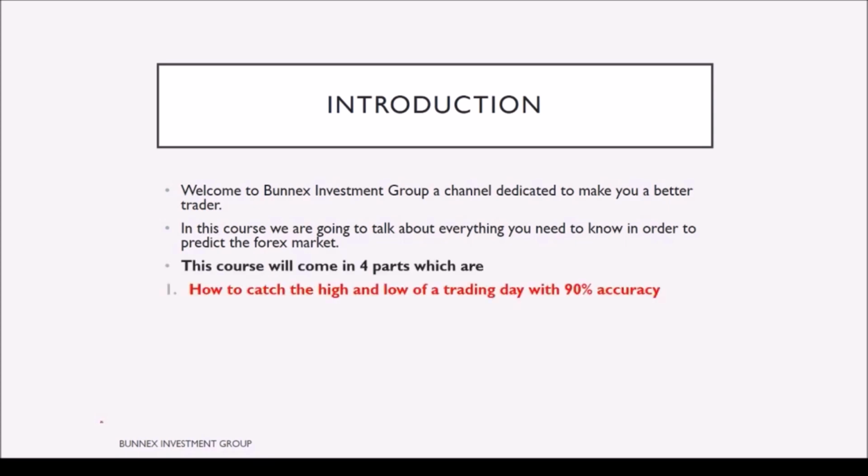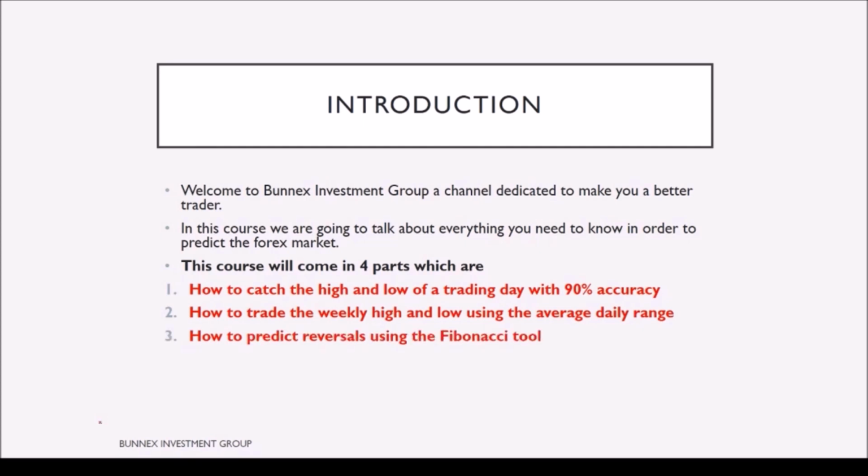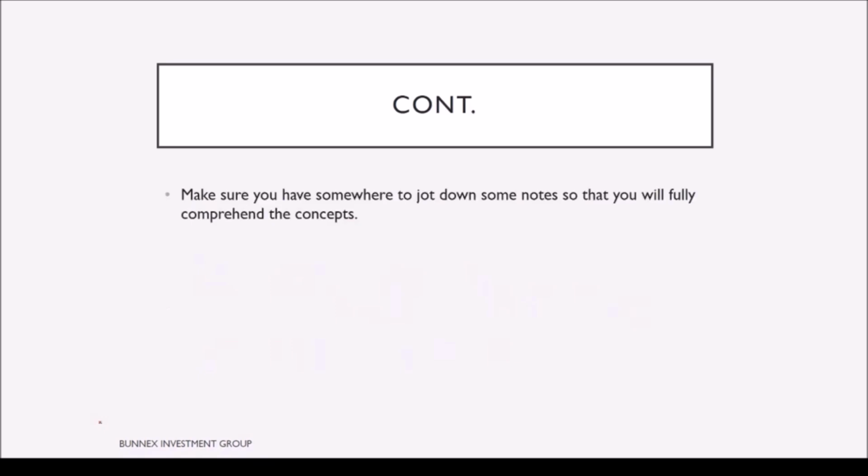This course will actually come in 4 parts, which are how to catch the high and low of a trading day with 90% accuracy, which is basically this first lecture; how to trade the weekly high and low using the average daily range or ADR; how to predict reversals using the Fibonacci; and last but not least, how to predict the market flow using the commitment of traders report. So make sure you have somewhere to jot down some notes so that you fully comprehend the concepts.